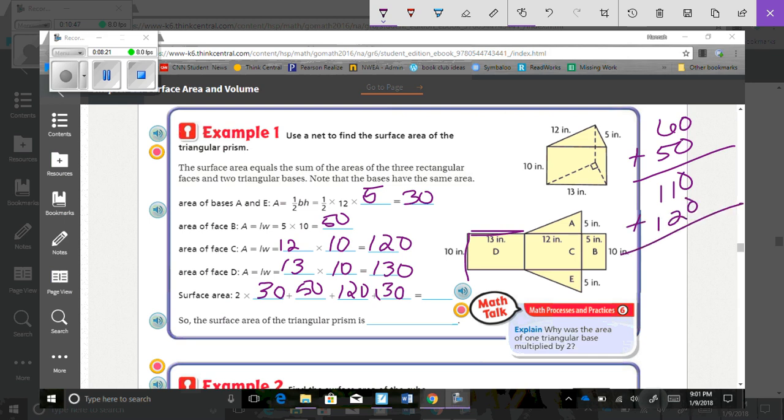So 120 plus 110 is 230, plus 130 is 360. So our answer is the surface area of the triangular prism is 360 inches squared.